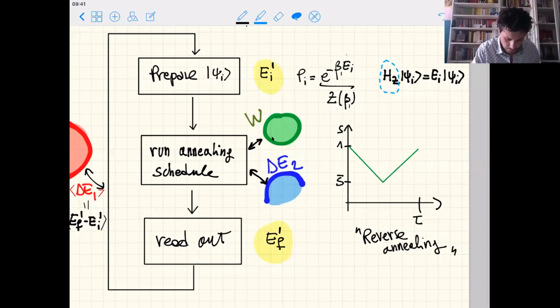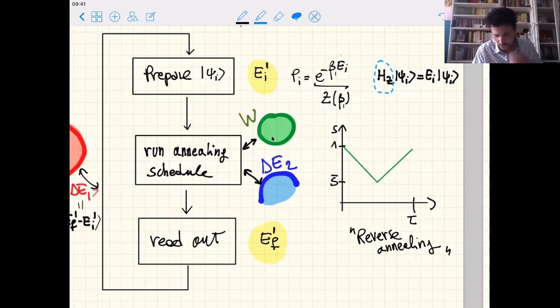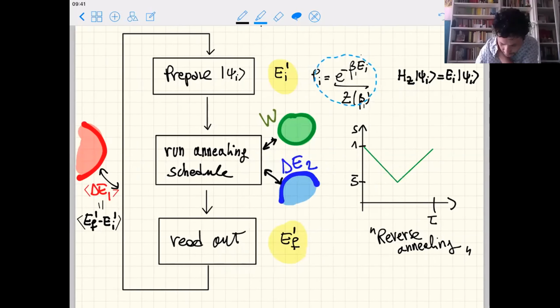Okay, now we start an annealing schedule. Actually, we are not doing the standard annealing schedule, but we are doing what is called reverse annealing, meaning that we start from s equal to 1 here.